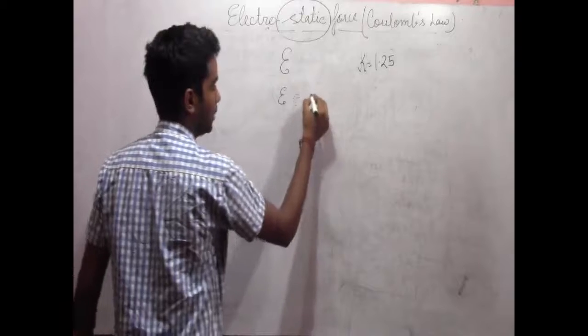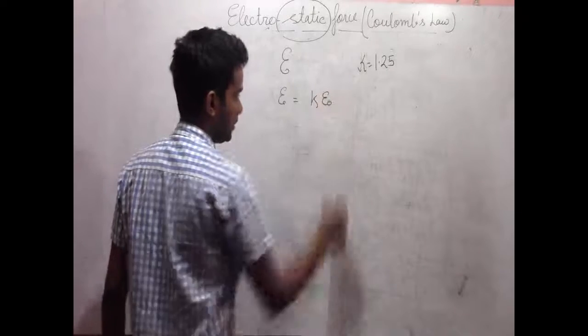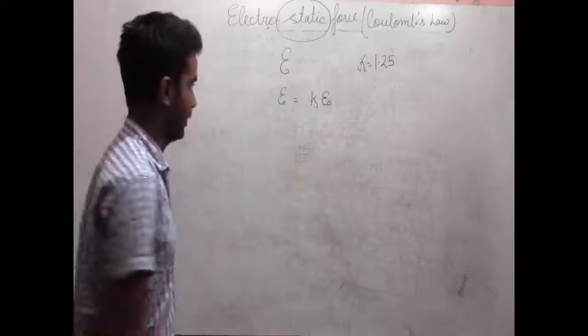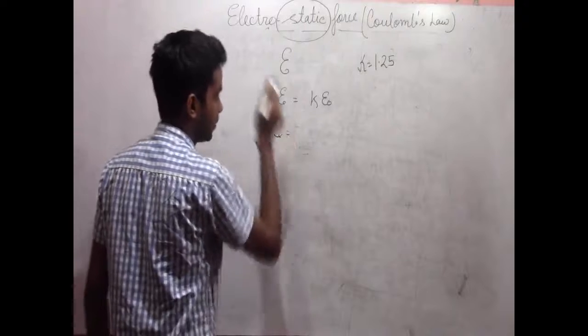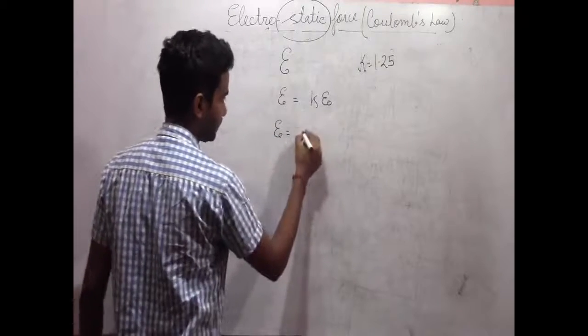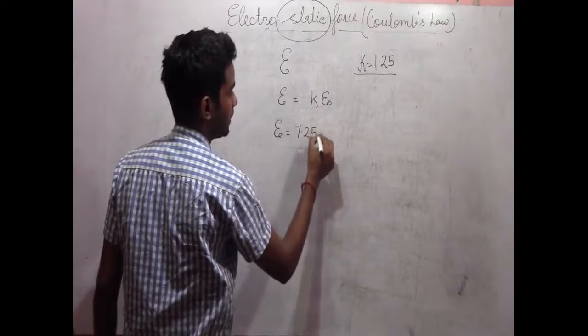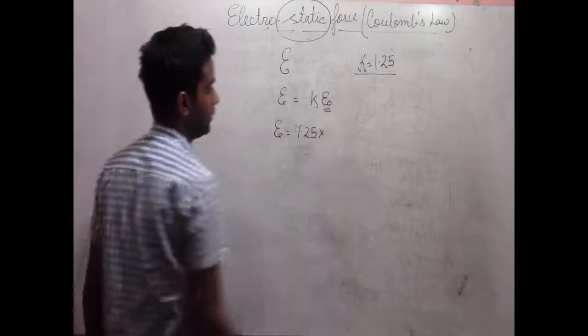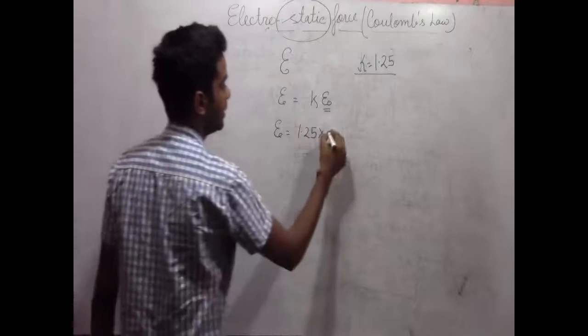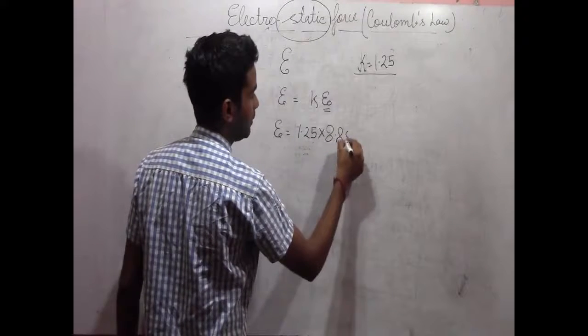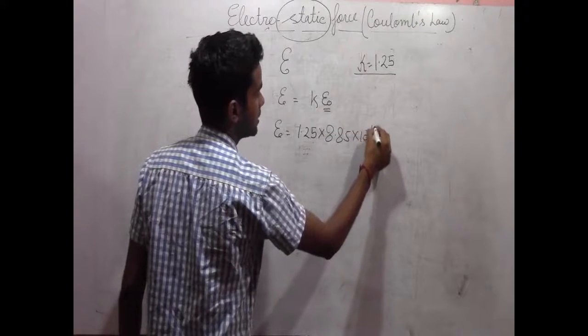Then epsilon is equal to K times epsilon naught. What is the value of K? 1.25, into the value of epsilon naught, which you know, 8.85 into 10 raised to the power minus 12.